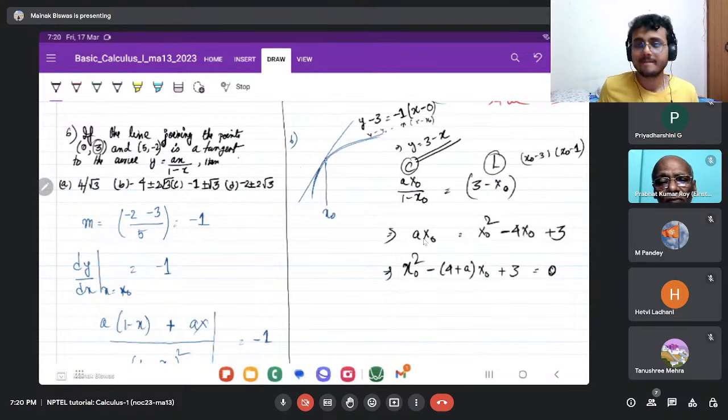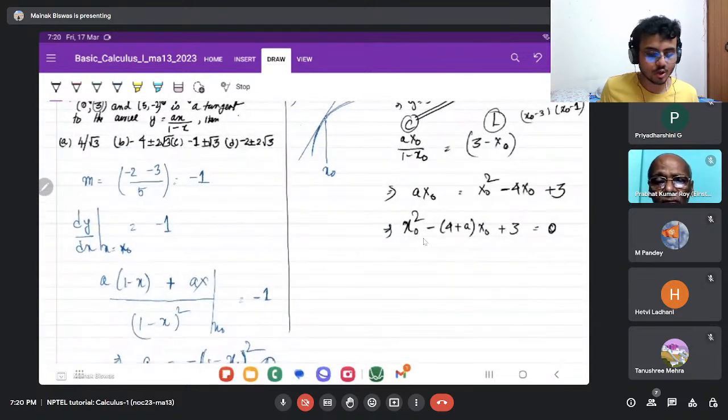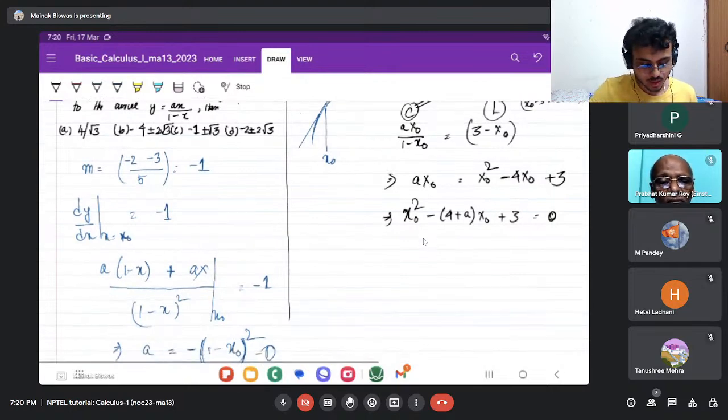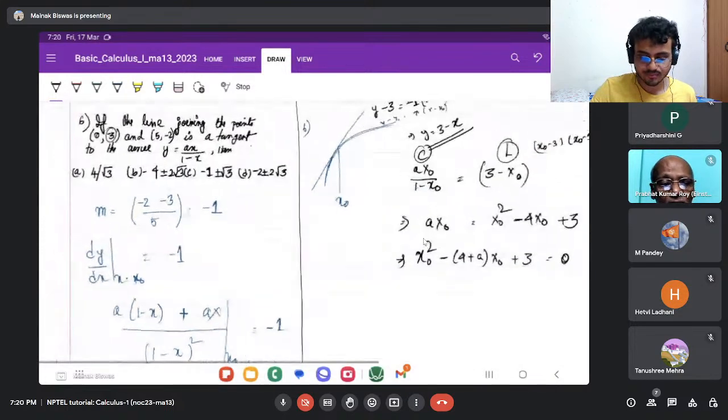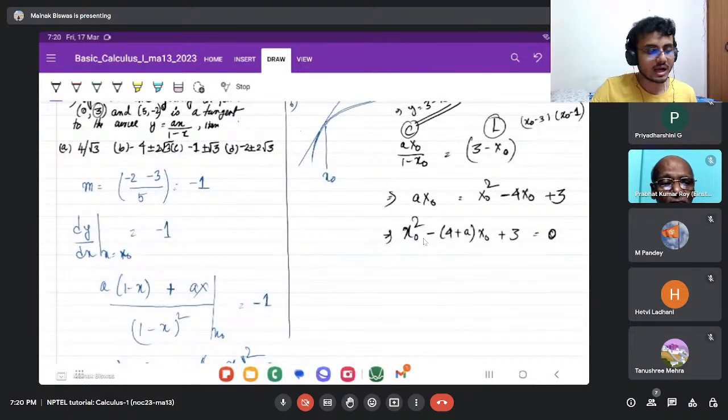Agreed? So now what do you want to find? Which point do you want to find? You want to find a or x naught, right? Either of these 2 points will do it for us. Good.